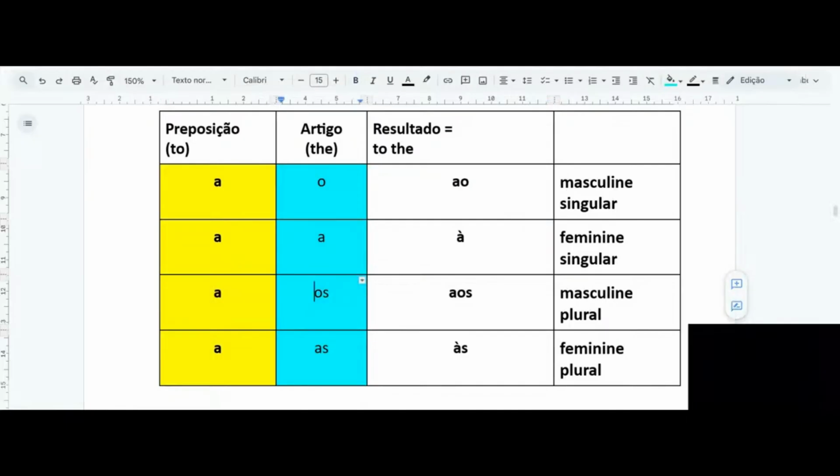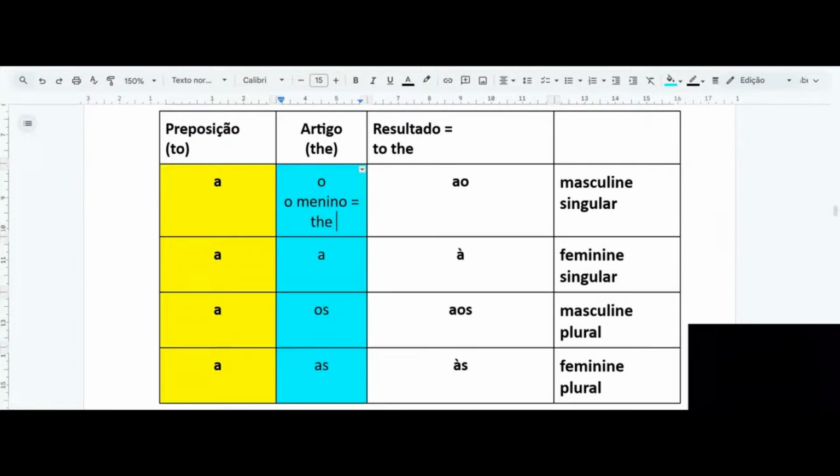So the "os", guys, if you're new here, the "os", that's the plural form for the "o" one. Okay, in English, there is "the", but in Portuguese, if you want to say the boy, you use this "o menino". Okay, so "o menino", in English, means the boy. But when you want to say the boys, in English it's just simple, the boys, but in Portuguese you say "os meninos".